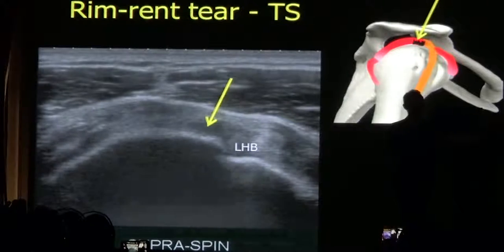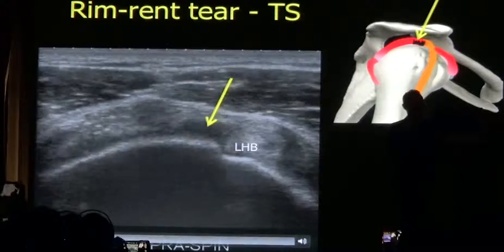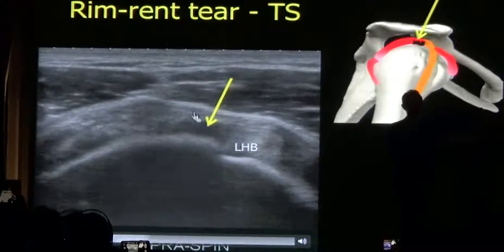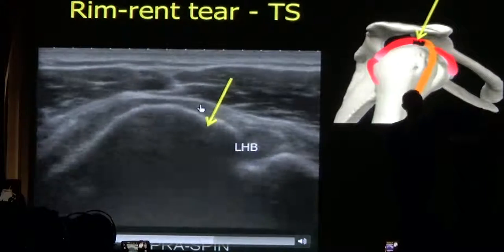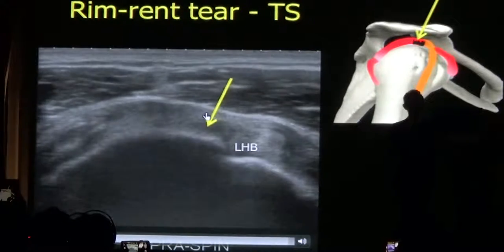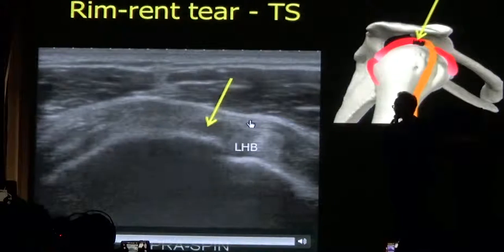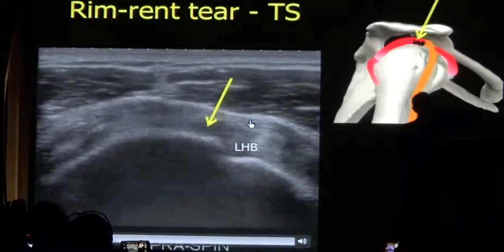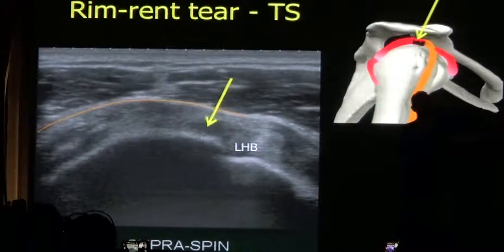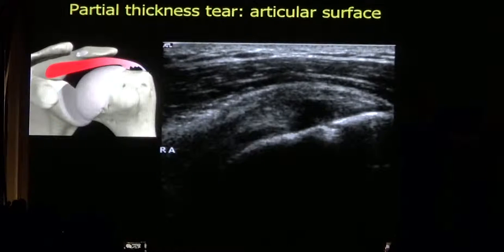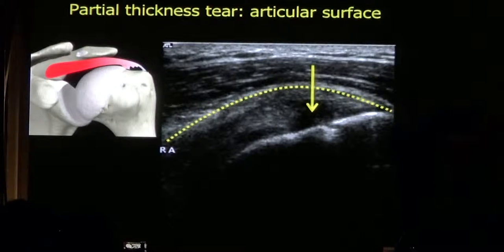We can see as we run the video again that there are some intact fibers over the superior surface of the supraspinatus tendon. And the contour of the tendon is maintained. Another example here of a partial thickness articular side tear. Maintained contour, and there's the defect.